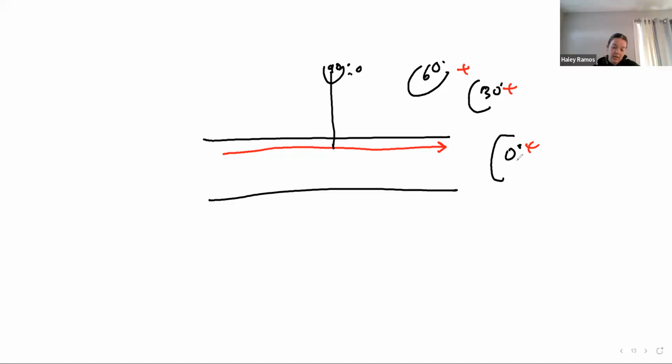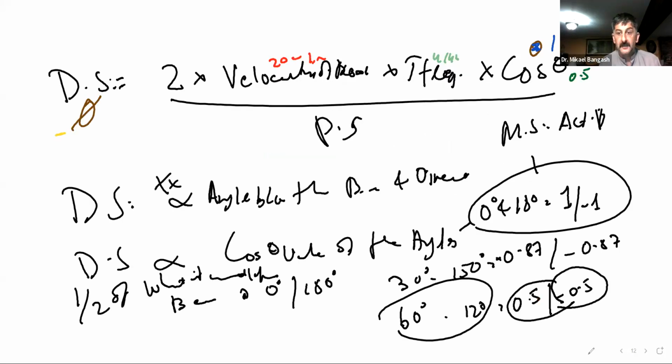I was just asking about the equation: you said measured velocity equals the true velocity times the cosine. So when you do 180 degrees, you just multiply by -1, right? Yes, that's what I was asking.